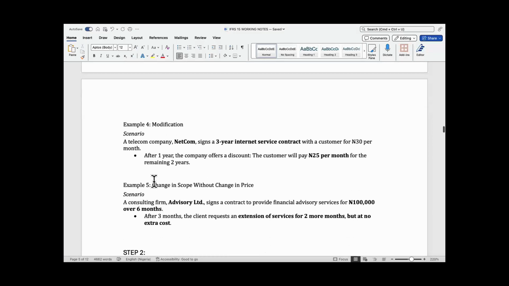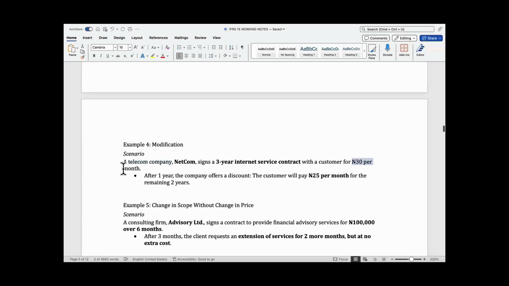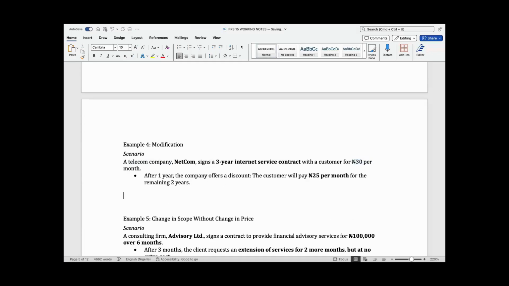Also, we were told the telecom company Netcom signs a 3-year internet service contract with the customer for 30 naira per month. After 1 year, the company offers a discount. The customer will pay 25 naira per month for the remaining 2 years.